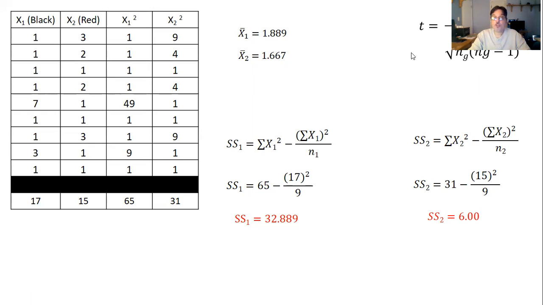So those numbers should all then be plugged into the t formula. And the next step is for you guys to solve everything. So take these values now in the formula, just plug it in as it is supposed to be. You have the mean of group 1, mean of group 2, the sums of squares, and the ns to fill in.